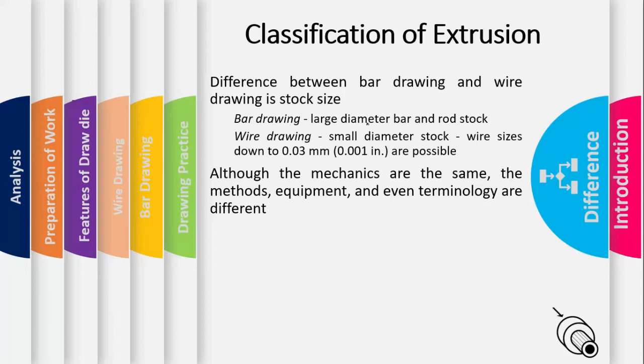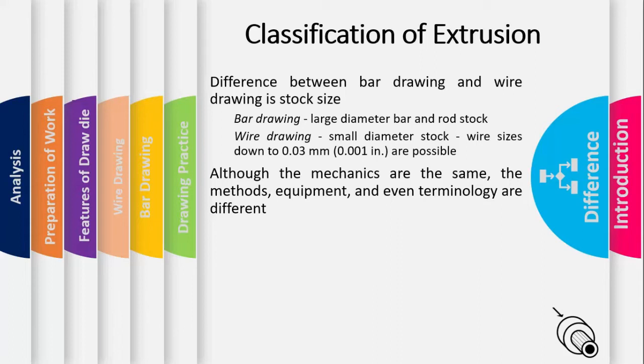The bar is a larger diameter stock, either bar or rod, while if we call it a wire, it has a small diameter, such as ranging down to 0.03 millimeter. So if you have a smaller diameter, we call it wire drawing. If you have a larger diameter stock, we call it bar drawing.